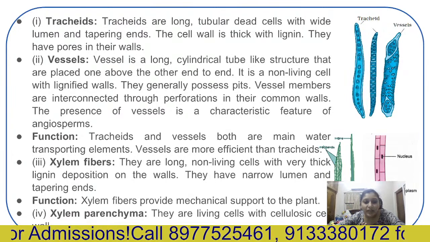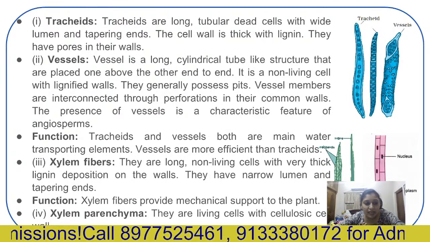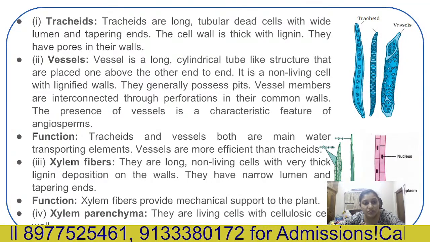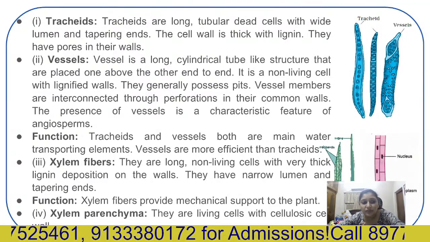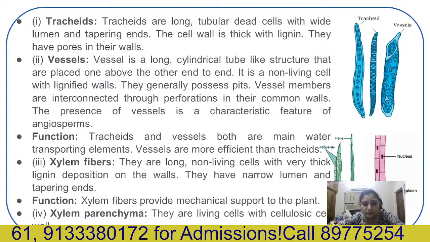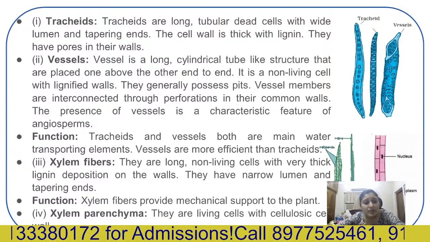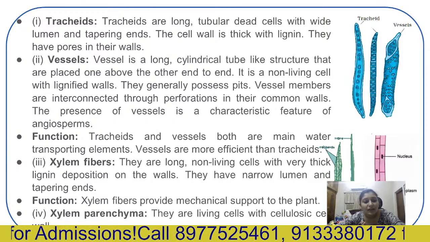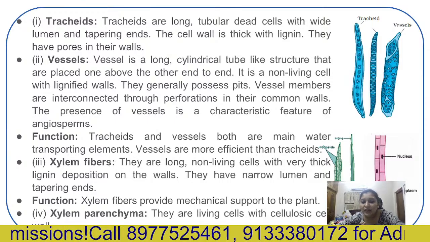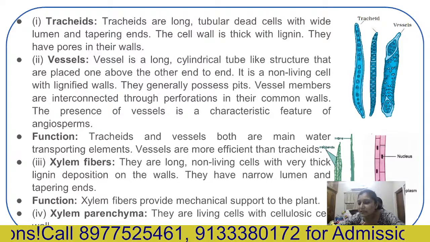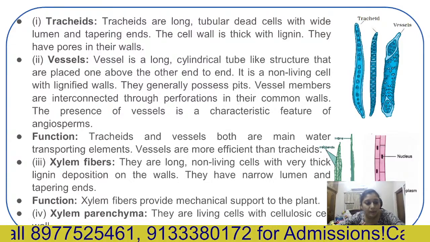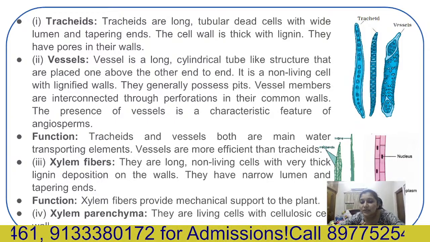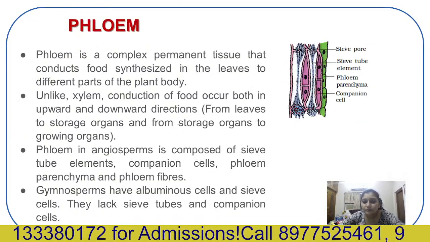Functions: tracheids and vessels are both the main transporting elements of water. Then xylem fibers are long non-living cells with thick lignin deposition on the wall. They have narrow lumen and tapering ends. Xylem parenchyma are the only living cells, with a cellulosic cell wall.